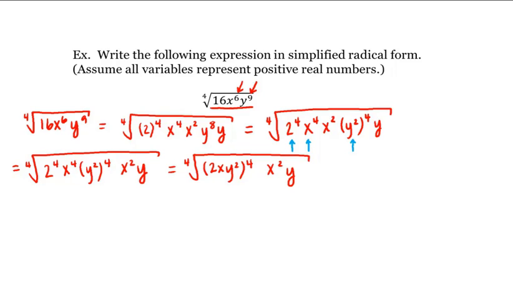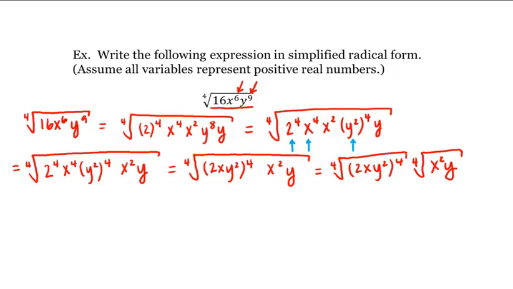Again, by properties of exponents, this is equal to the fourth root of 2xy squared to the fourth, and then times the fourth root of x squared y.